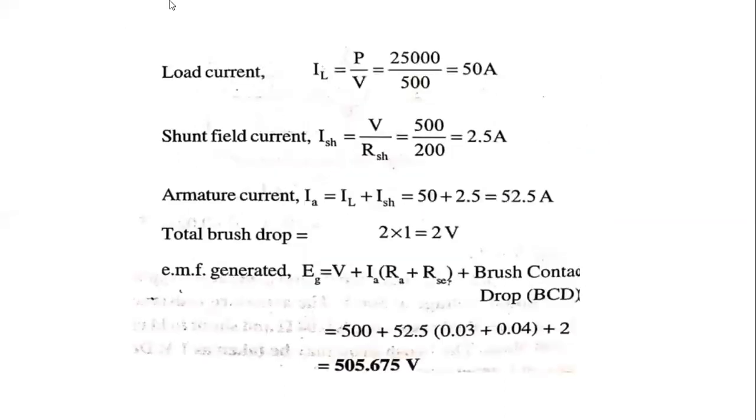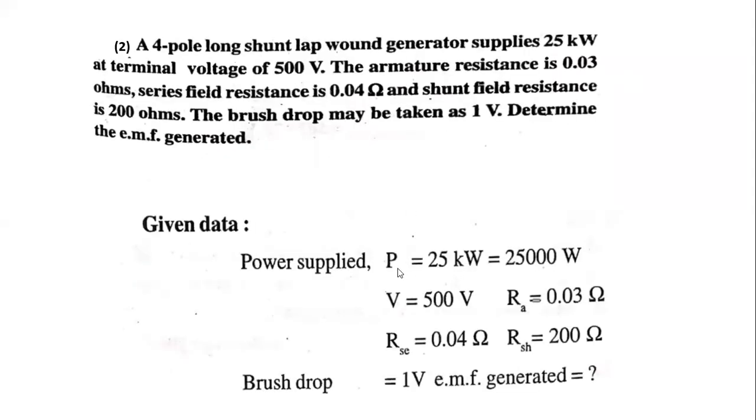Next, find the load current IL. The formula for the load current is IL equal to P by V, where P is the power and V is the voltage. The power in the question is P equal to 25 kilowatts, which means 25,000 watts.